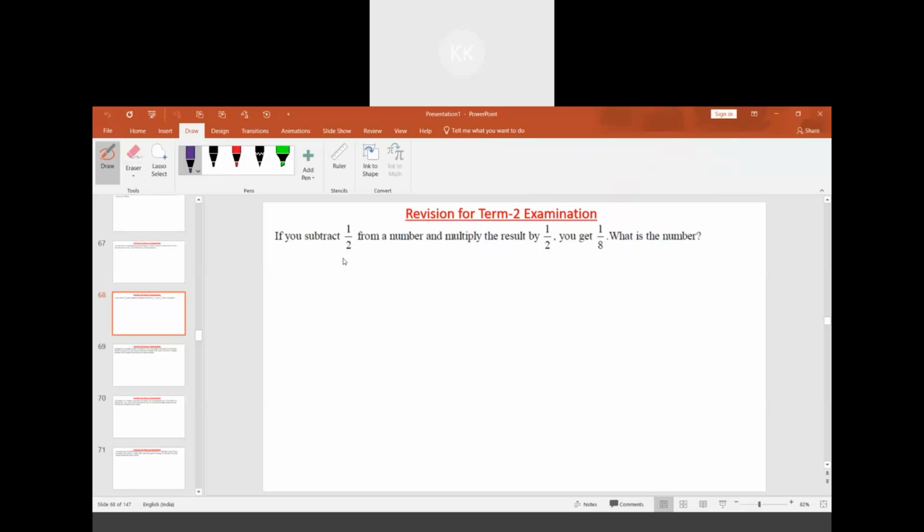Look at the question here. 1 by 2 is being subtracted from a number and multiplying the result by 1 by 2, we get 1 by 8. What is the number? If you consider the number to be x, then x minus 1 by 2, multiplied by 1 by 2, the result is 1 by 8.